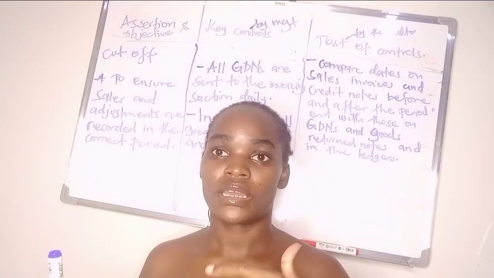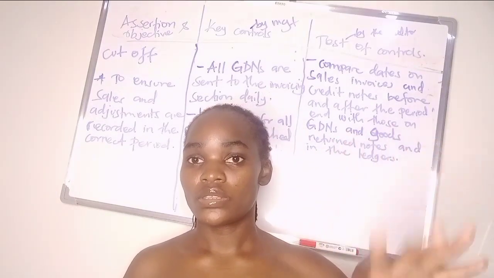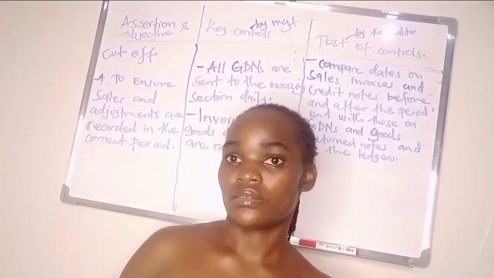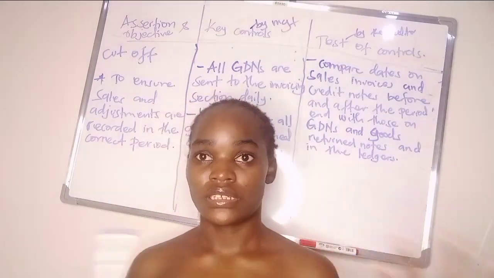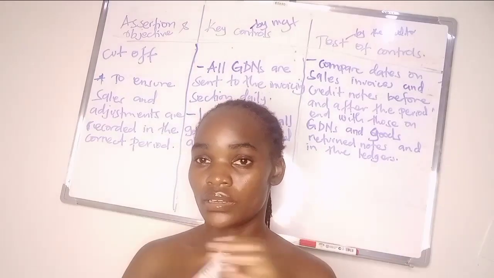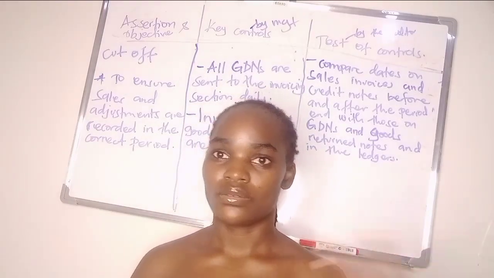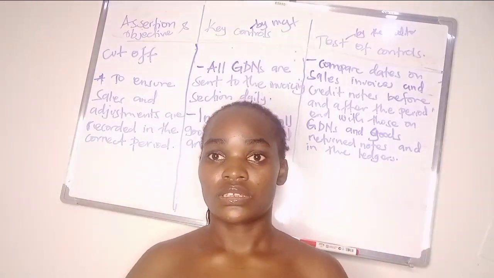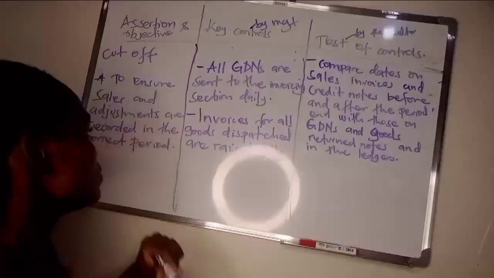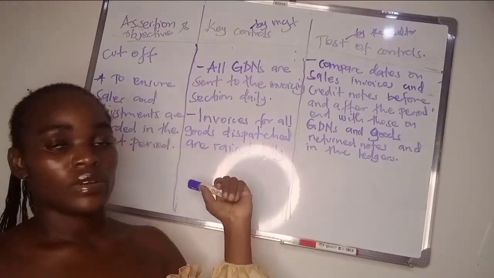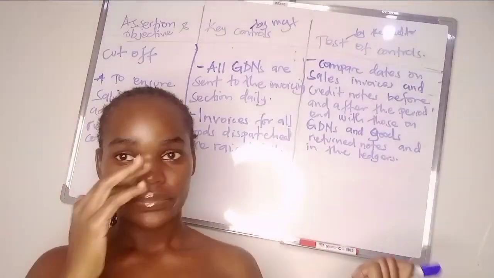If you make a goods delivered note, you also make the sales invoice, so that you do not mix up things, because there are chances that you can forget, or anything can happen, or the goods delivered notes can get lost. So invoices for all goods dispatched are raised daily.